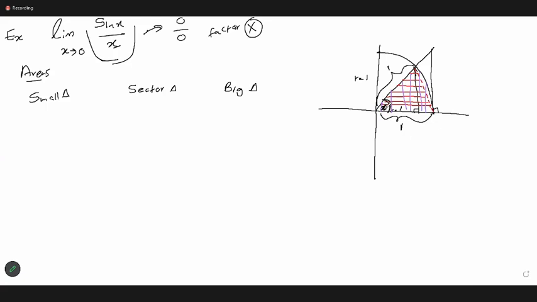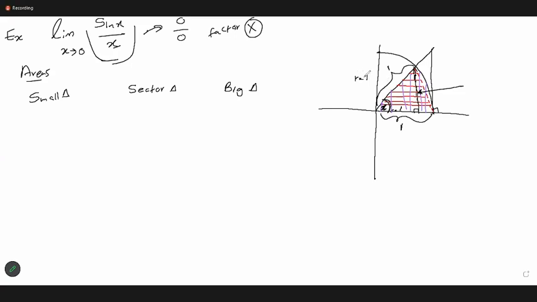Then this is angle x. Tell me the height of this line. Using this angle and the length of this line, you can express the value for this height: r sin x.